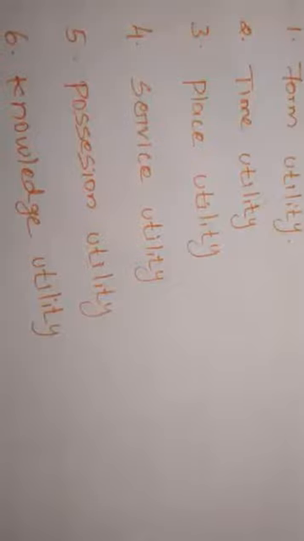Next, place utility. On the basis of place, the consumer or human wants to attain the wanted satisfaction. That is called place utility. All consumers get satisfaction when they consume in the place of the market, after gathering the commodities in their hand.